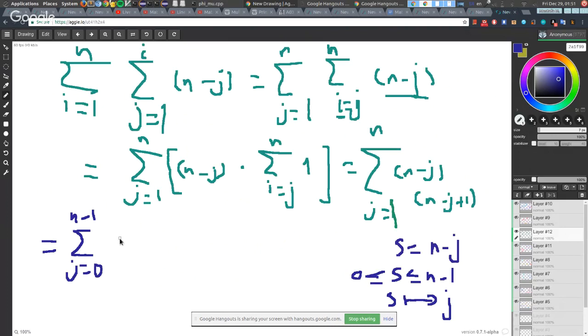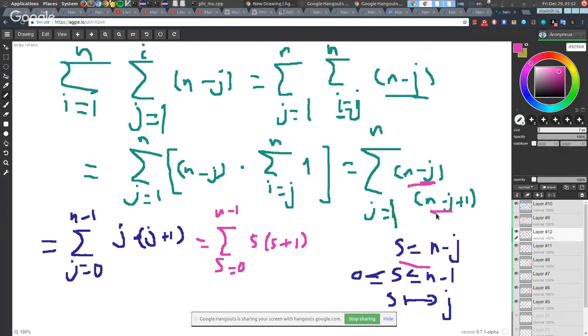And here we have this j times j plus 1. As you can see, the way I got this value is because this is actually equal to this. If I didn't do the renaming, it would look something like this, where this s comes from the definition, and we have the limits as we proved here.